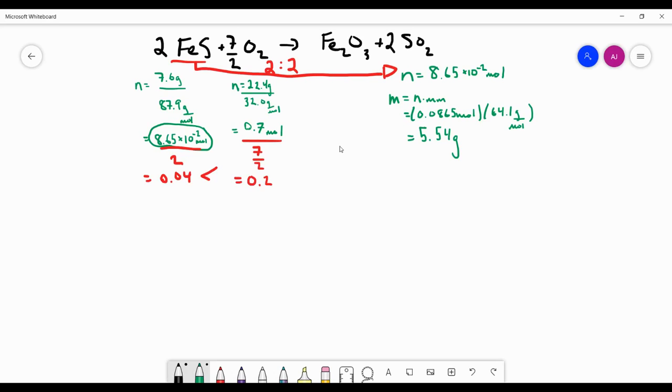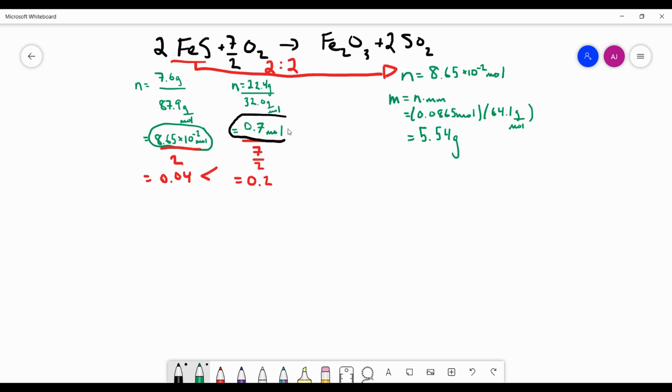Now that we have determined the limiting reactant and solved part B, where we solved for the amount of product produced, the last part of the question wants to know the percent excess left over. So a percentage is always the part divided by the whole. So the whole in this case, which will be the denominator of our percentage equation, will be this amount here of oxygen.